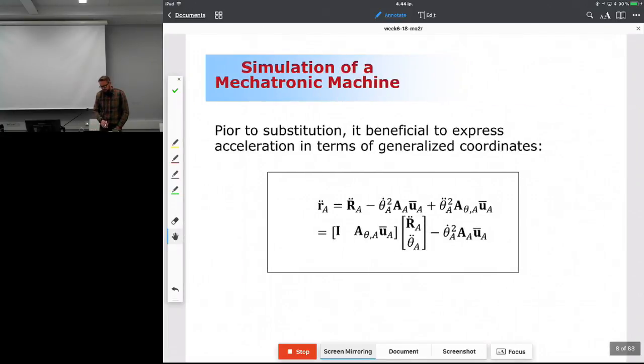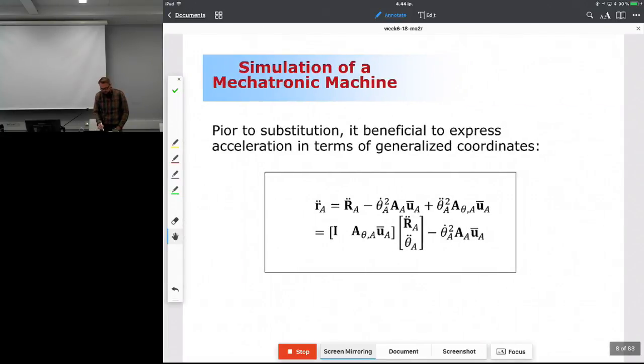In the second lecture, I think, we concluded that acceleration can be written using three components: the translational acceleration, the normal acceleration due to the angular velocity, and the tangential acceleration due to the angular acceleration.